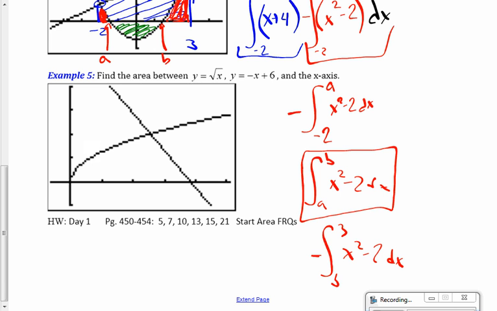What is the value of that integral? What do I want it to be? How can I take a negative area and add it? I could do an absolute value.